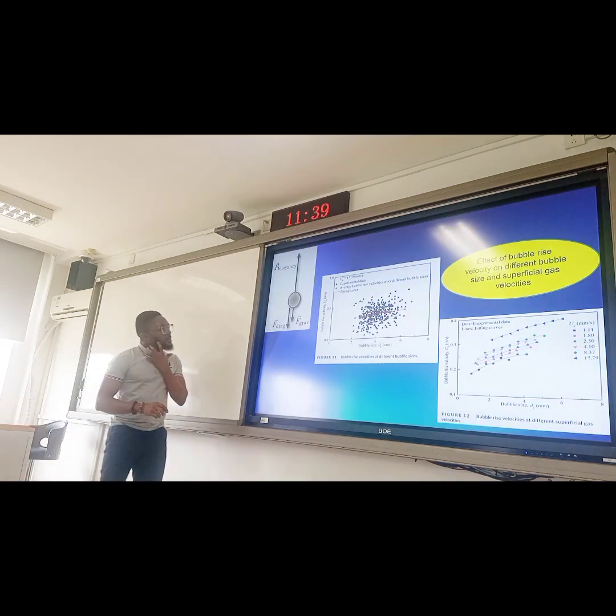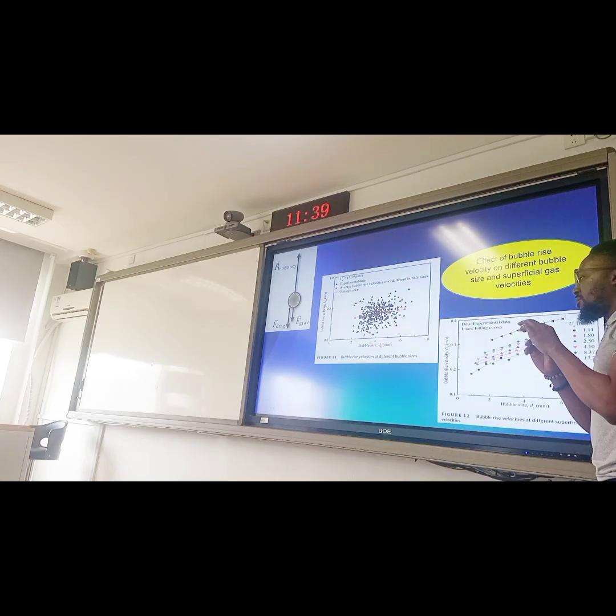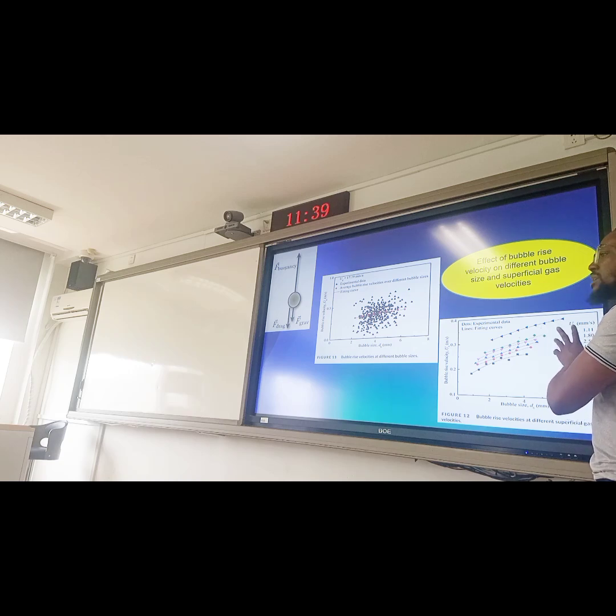Now, I'm supposed to give you a brief summary of the results obtained from this research. One of them was that they had to find a way to calculate the bubble rise velocity. Secondly, they had to look at the effect of bubble coalescence on the walls of this bubble-induced fluidized bed.